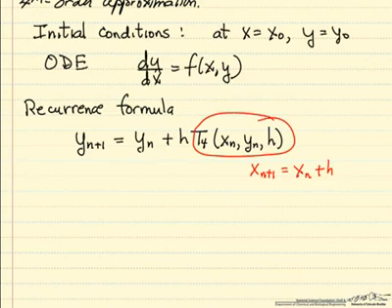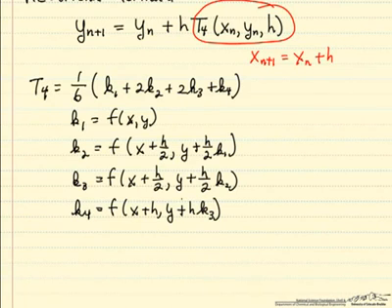So what I'm going to do is write down the formula for T4 and then discuss what the terms are in it. T4 is 1/6 times the summation of the terms. K1 is just the function evaluated at x_n and y_n for our given condition.